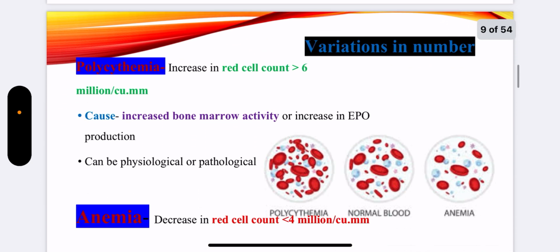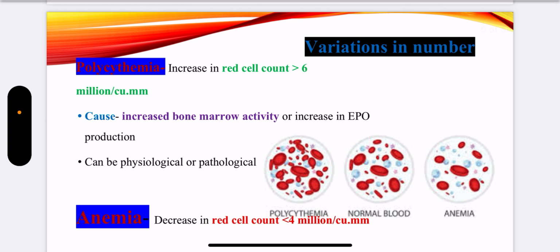Now, about the variation in the number of these cells. There are two terms. First is polycythemia. Poly means more. When the RBC count becomes more than 6 million cells per cubic mm, it is called polycythemia. As these blood cells are synthesized in the bone marrow, for the increase in the number of cells, there could be increased bone marrow activity, or increased production of erythropoietin.